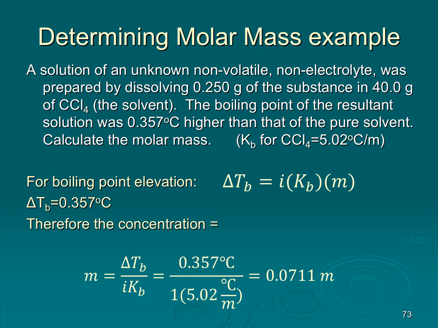If we do that math, we find that the concentration of our solution, measured from the delta T, is 0.0711 moles per kilogram of solvent. So when we put 0.250 grams of the substance into 40 grams of CCl4, the concentration is 0.0711 moles per kilogram. Okay, we still have a few more things to do, though.